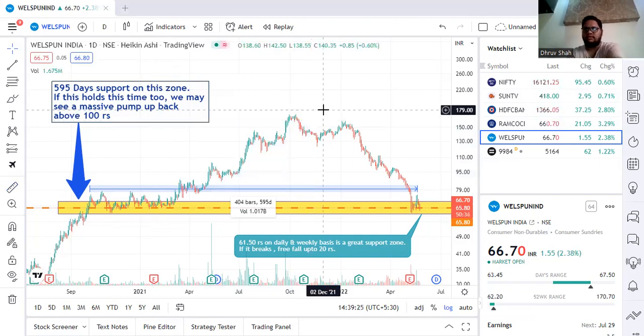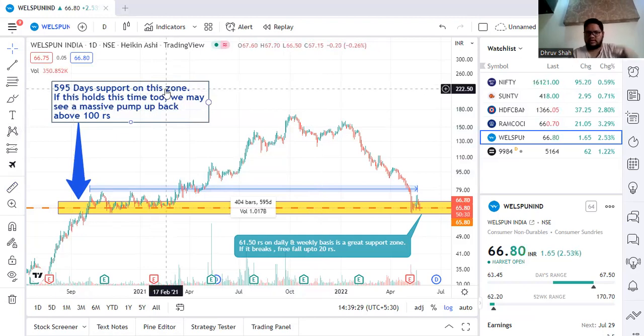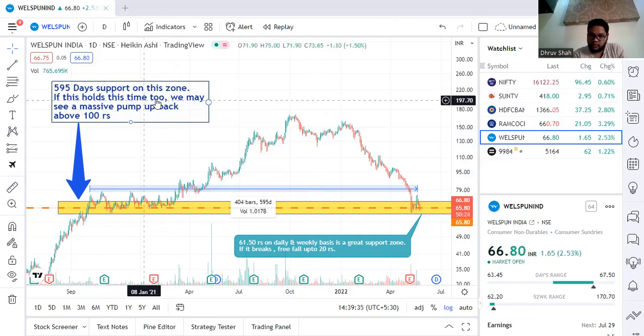So here what I have shown on the charts, 595 days support on this zone, 70 on the upside, 61.5 on the downside, we should hold that. If it holds this time too, as happened in the past 595 days, we may see a massive pump.